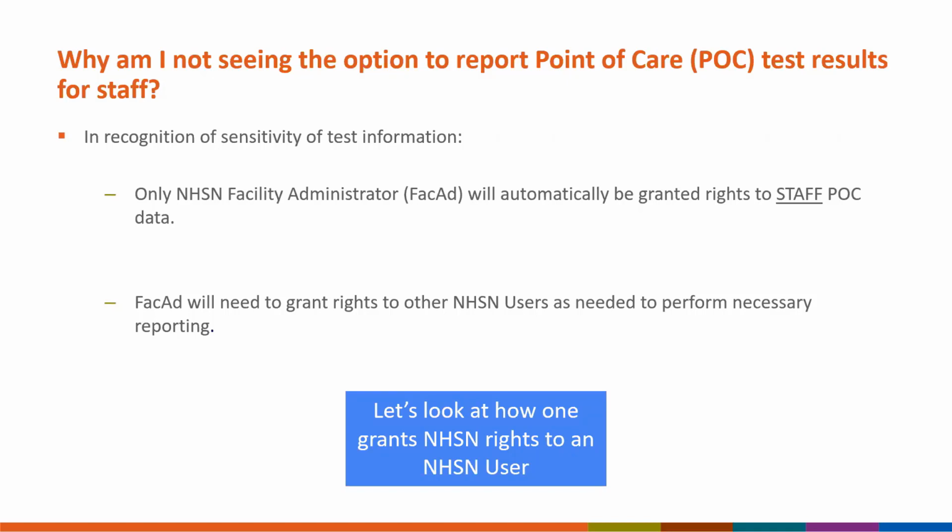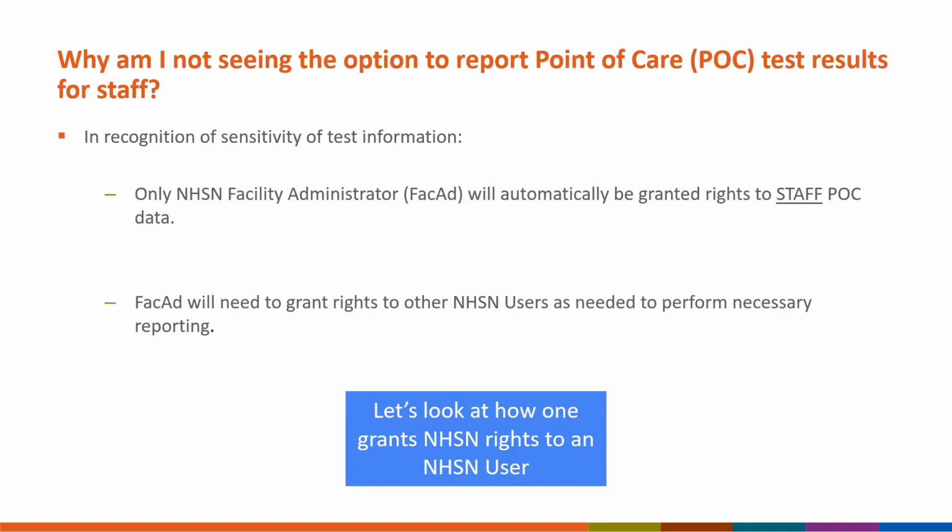And so whether a facility administrator wants an individual to be able to know that about one of their peers is something that we feel the facility administrator needs to identify themselves. And for that reason, NHSN does not grant those rights by default.